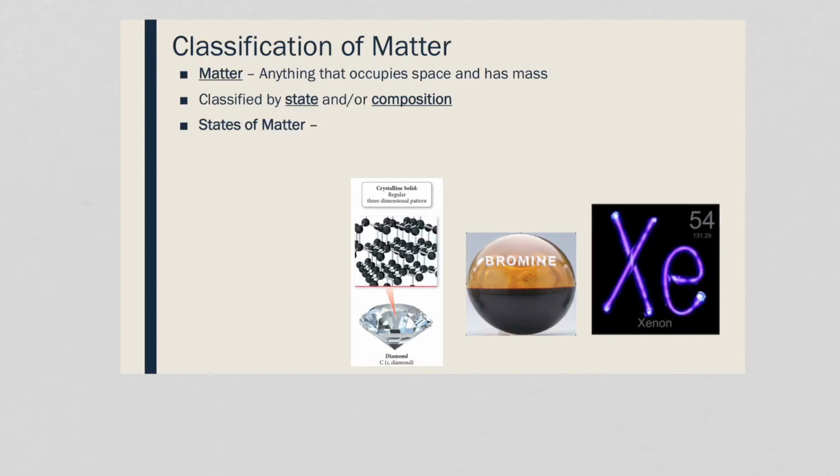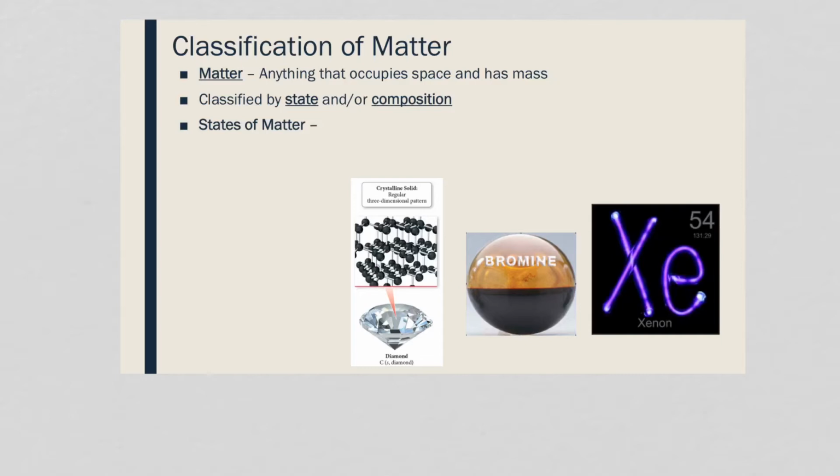Now, one of the things we want to do with matter is to be able to classify it. And so we're going to talk about two different ways that we can classify matter. Before classifying it, we should put a specific definition on what matter is. We've just talked about it in terms of what it's made up of, atoms and molecules, but what is it specifically?